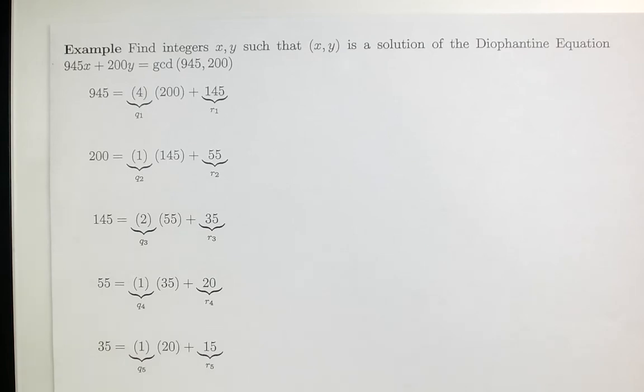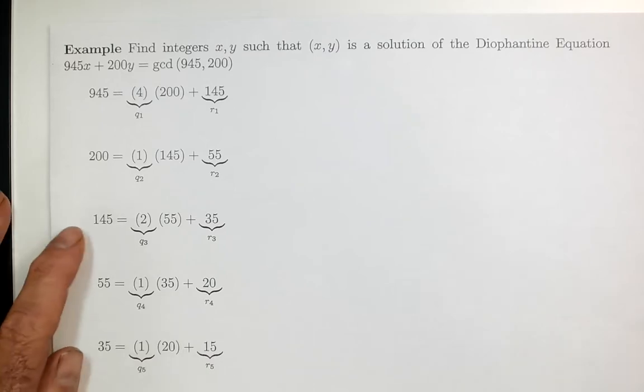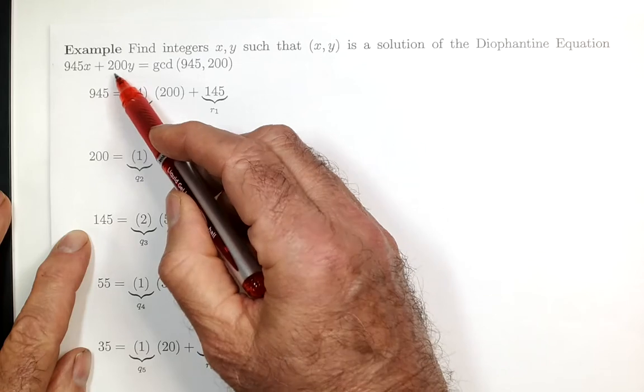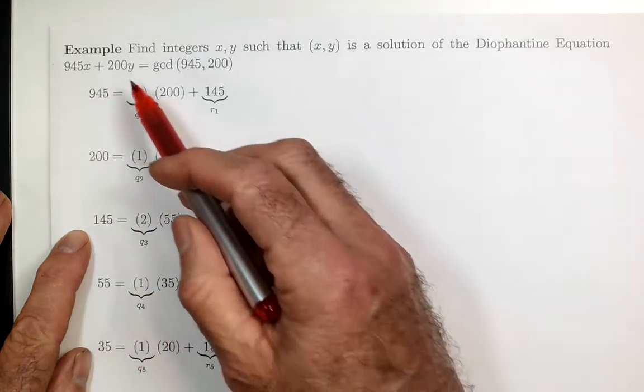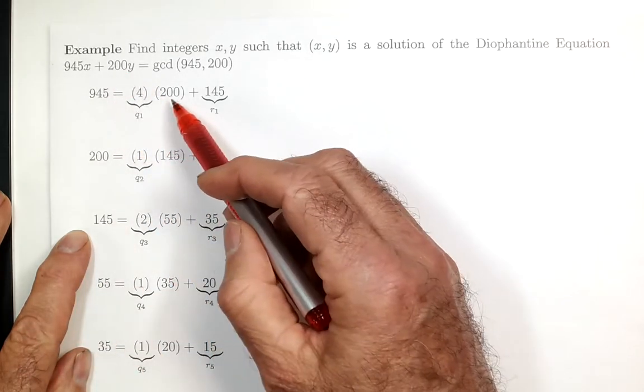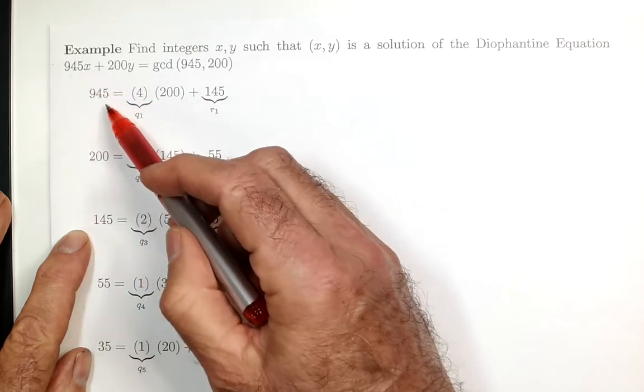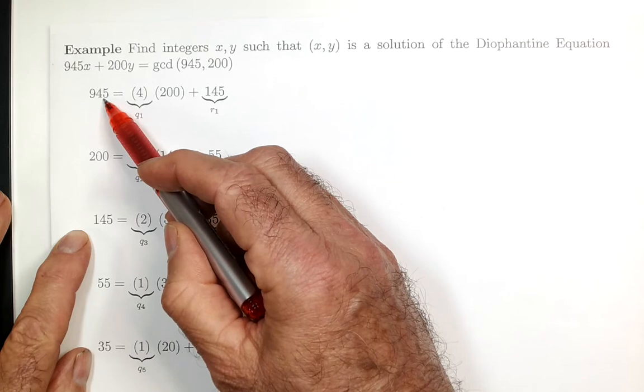And we're going to perform the division algorithm, letting the larger of these two numbers be the dividend, and letting the smaller of these two numbers, 200, be the divisor. So the larger number, 945, is the dividend.